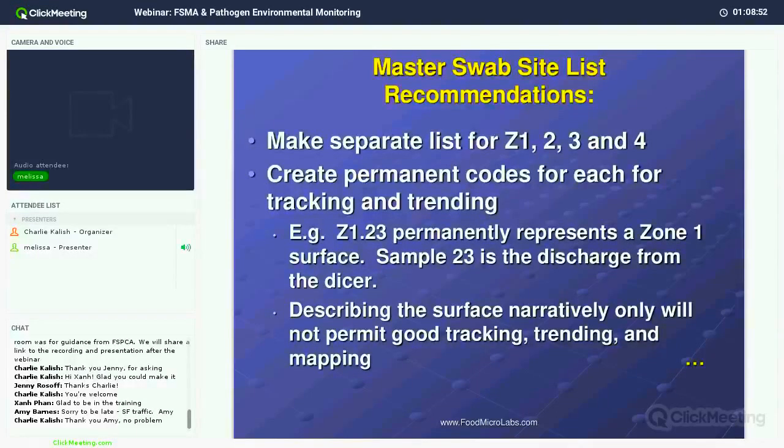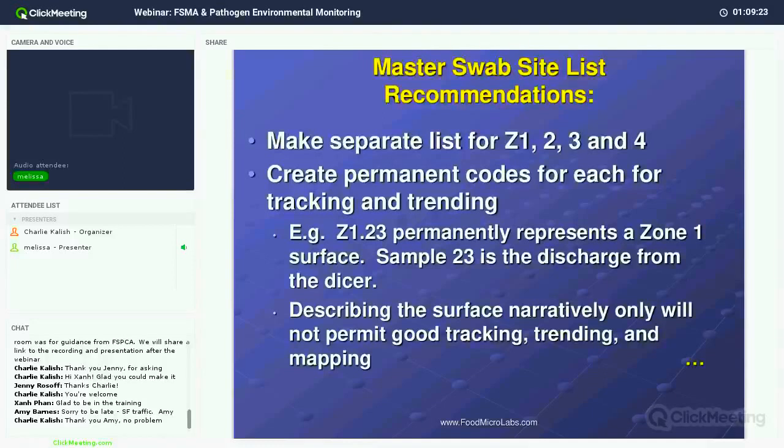So let's talk about the master swab site list as a part of our written pathogen monitoring plan. It is important to make a separate list, or separately define zone 1 surfaces, zone 2 surfaces, zone 3 surfaces, and zone 4 surfaces, because of their proximity to food contact surfaces and relative to one another, what our findings are.